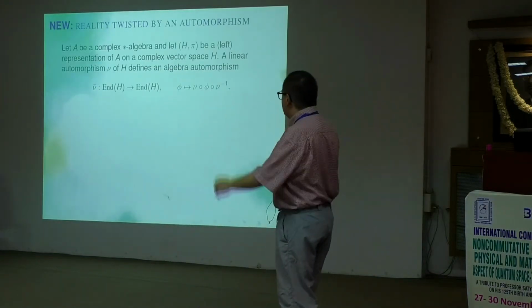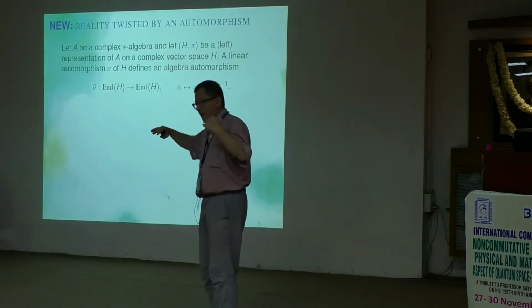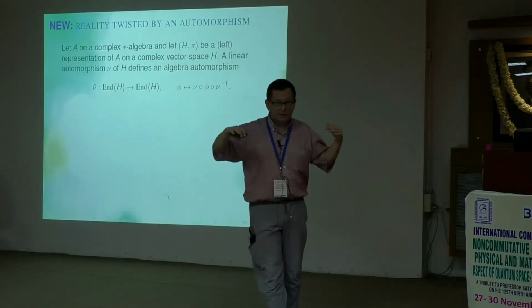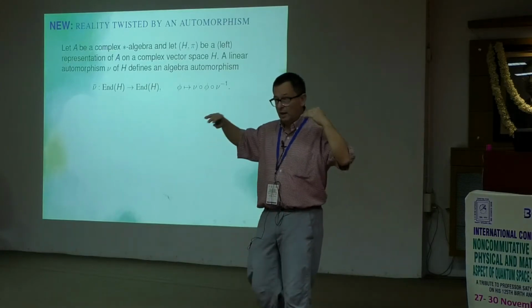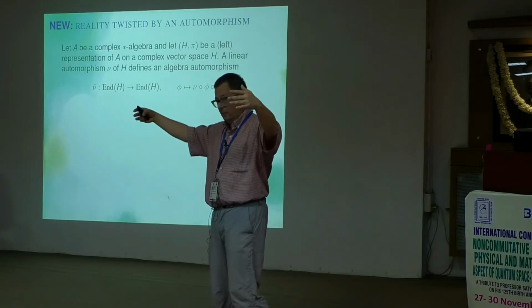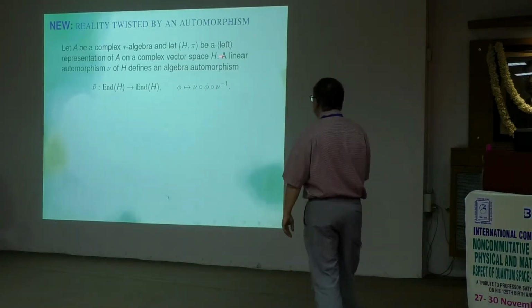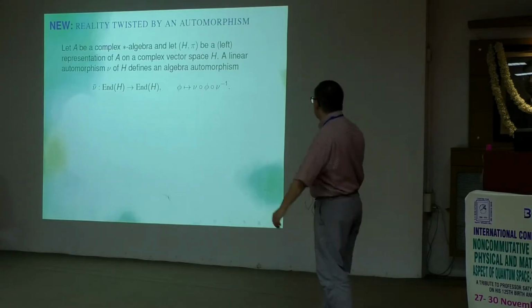And this is the proposition for some class, not for all of them. At least it works quite nicely for some quantum spaces, and it works quite nicely for the family of conformally rescaled Dirac operators. A version of reality which is twisted by an automorphism.